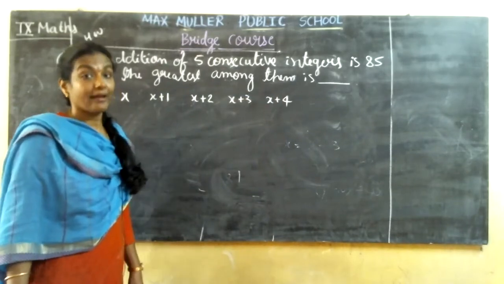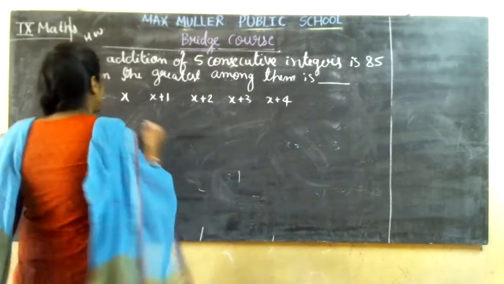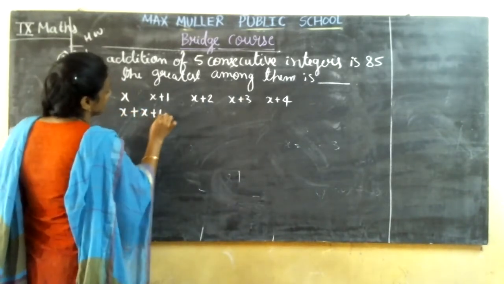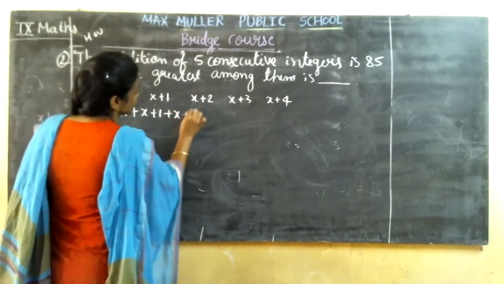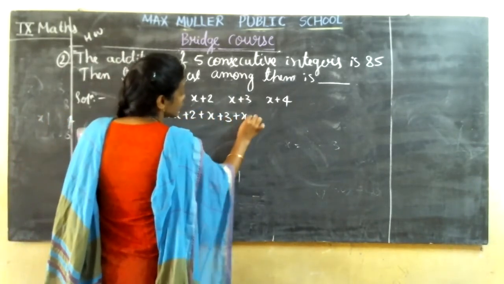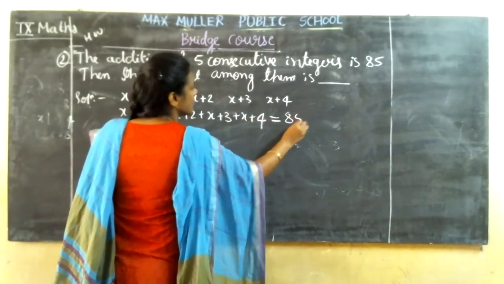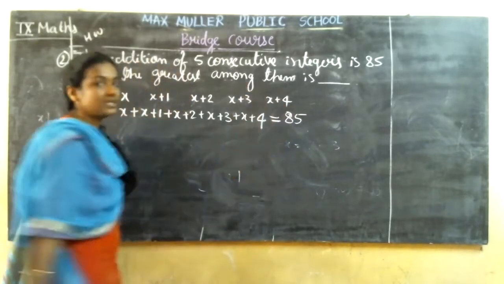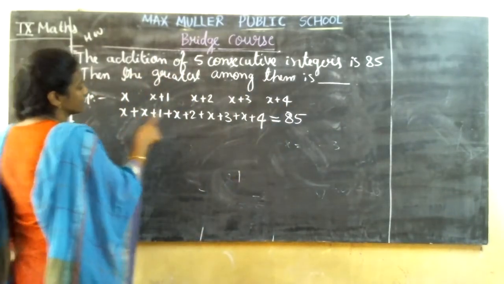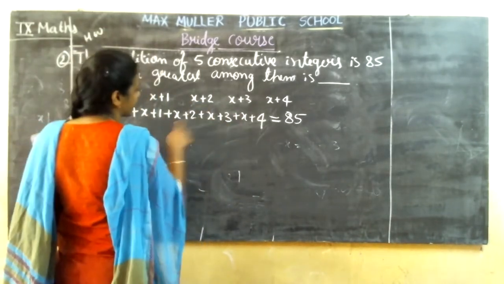Okay, so addition. Addition means what here? We are going to add them. So x plus 1 plus x plus 2 plus x plus 3 plus x plus 4. How much is it? This is 85. Right? So how many x are there? 1, 2, 3, 4, 5. First we'll add the variables, then we'll add the numbers.